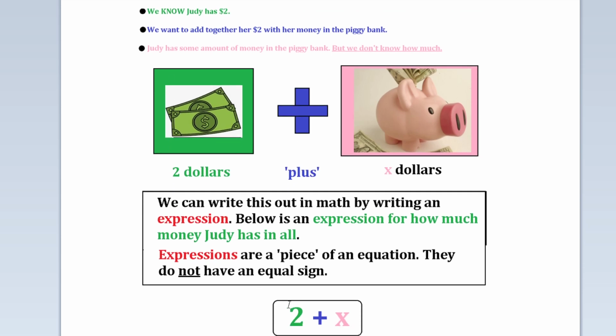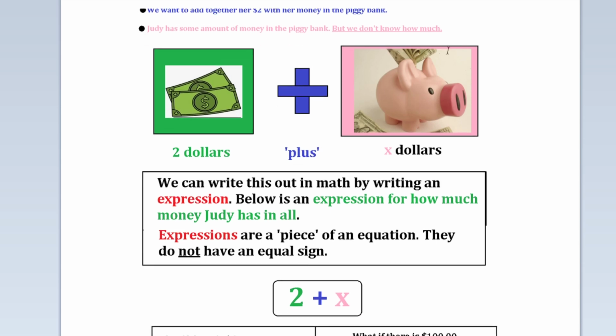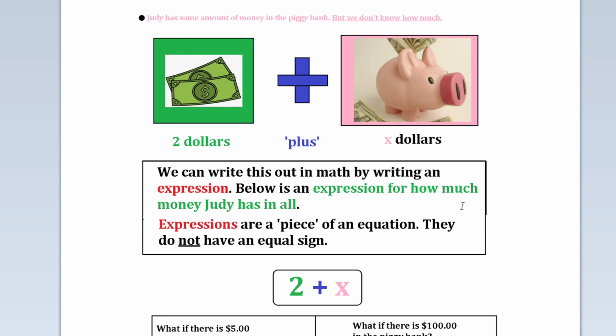We know she's always going to have that $2 in her pocket, and then we can add on however much money is in the bank. But again, we don't know yet. She hasn't cracked open the bank yet. A lot of times you have to break it open, so you can really only use it once. It's to keep you from going into it.